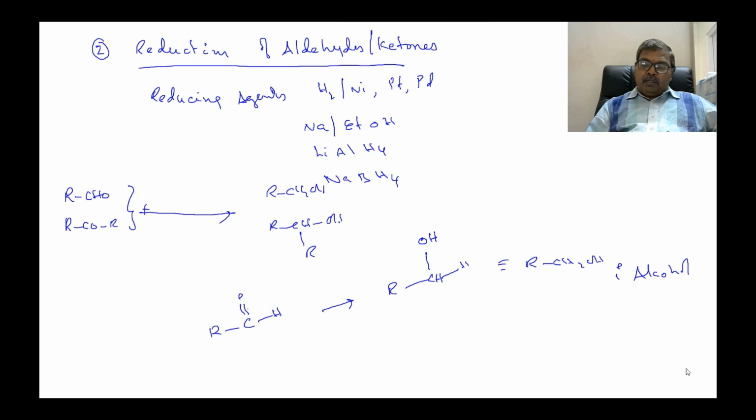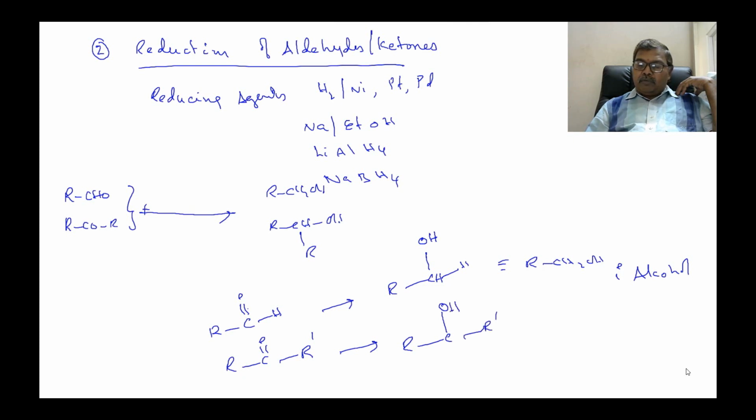Now for example, R-C double bond O-R'. Very simple. Whatever the reducing agent may be, whether it is sodium in ethyl alcohol, lithium aluminum hydride, sodium borohydride, or simply hydrogen with nickel, platinum, palladium. The pi bond undergoes fission. Everything else is the same.